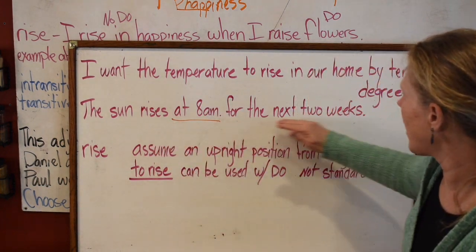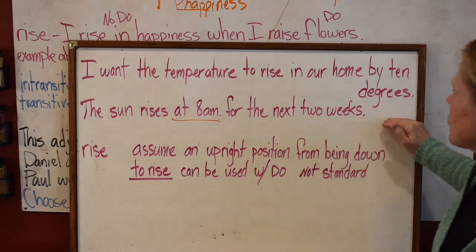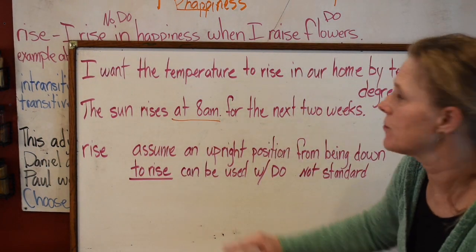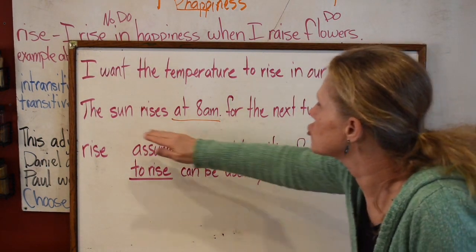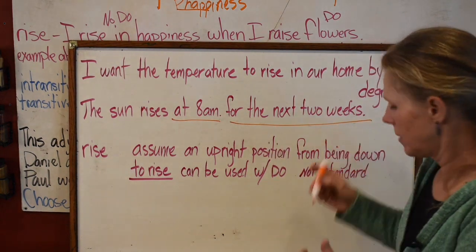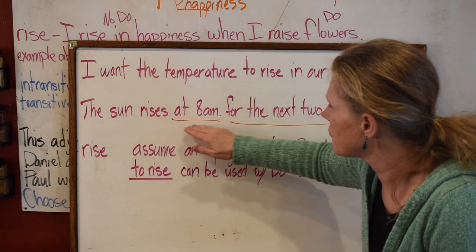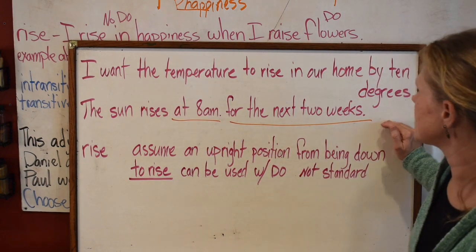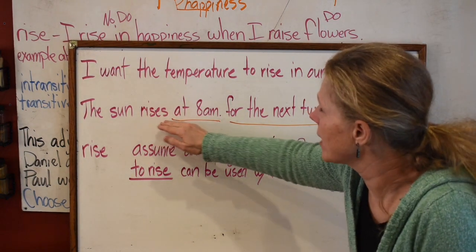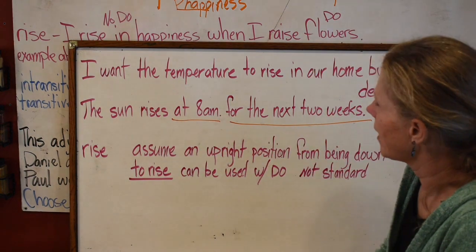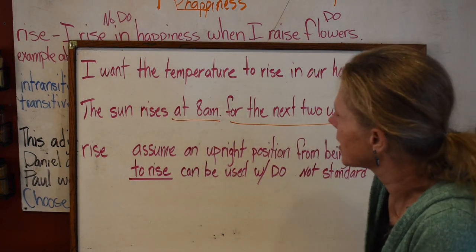At 8 a.m. When is it going to rise? For the next 2 weeks. Both of those prepositional phrases describe this rise. These are adverb phrases. Adverb phrases. You can't use raise there because you don't have a direct object.